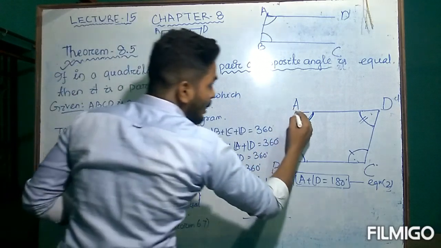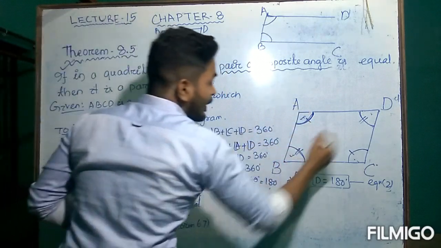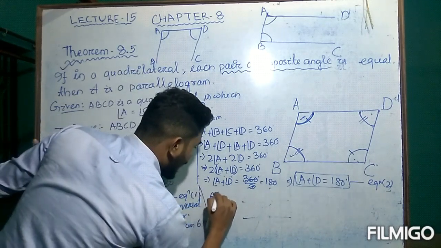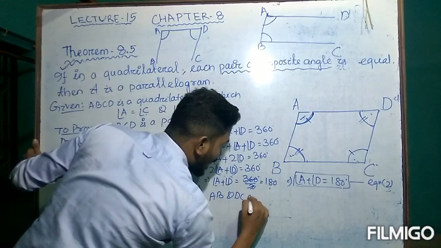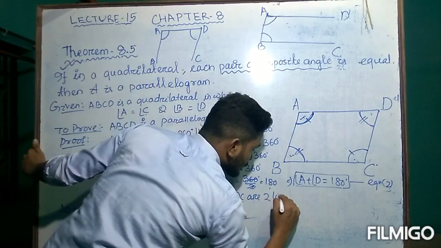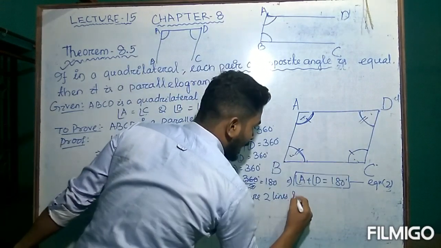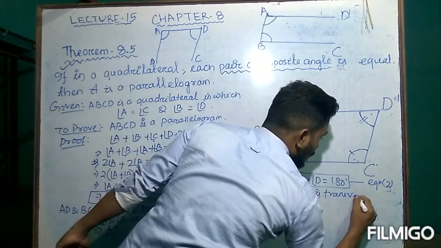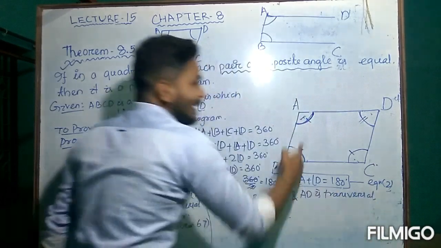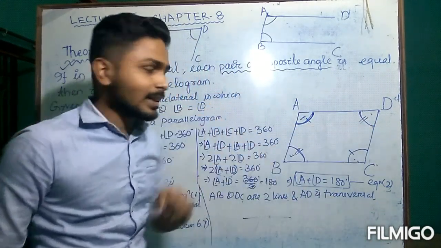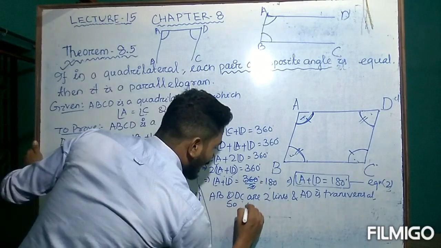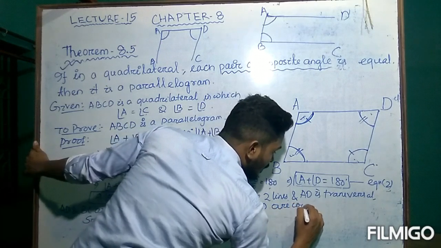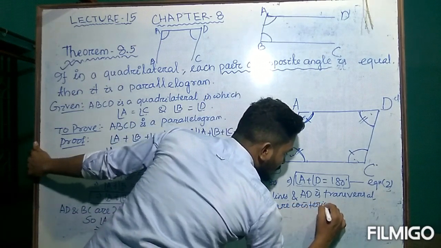So let us consider the two sides AB and DC. AB and DC are two lines, and AD is the transversal. Then this angle and this angle are known as co-interior angles. So angles A and D are co-interior. Understood?